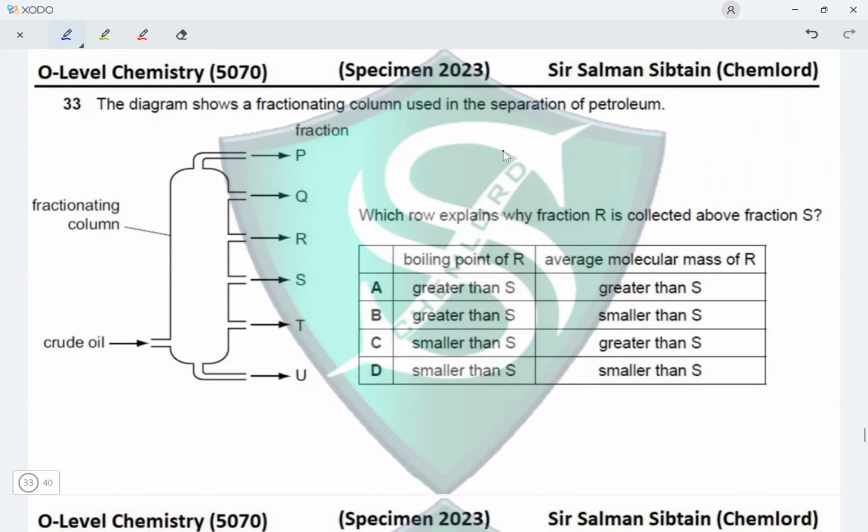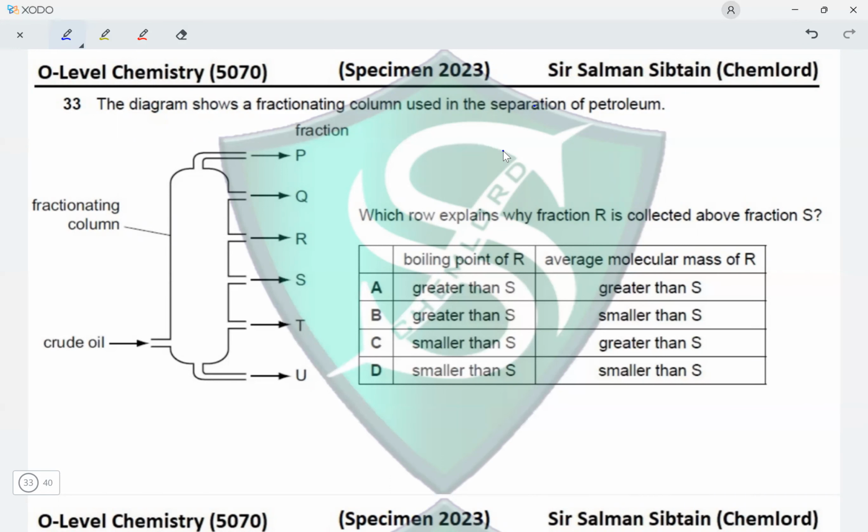Question 33. The diagram shows a fractionating column used in the separation of petroleum. Which rows explain why fraction R is collected above fraction S? And the properties that they are using here are boiling point and average molecular mass. So we need to remember that the fractionating column separates the fractions based on their MR and boiling points.